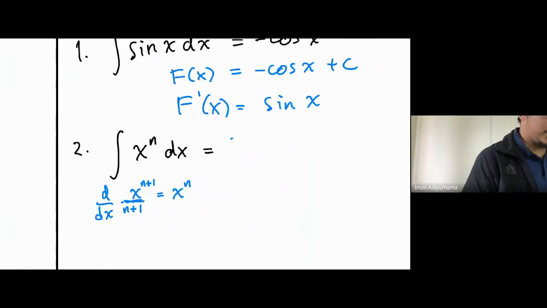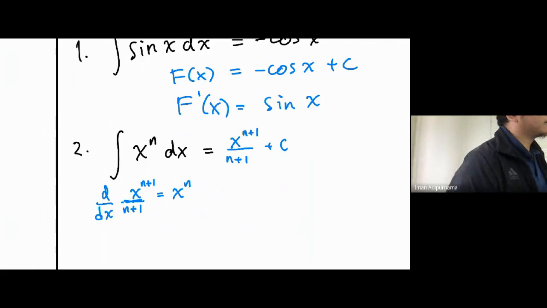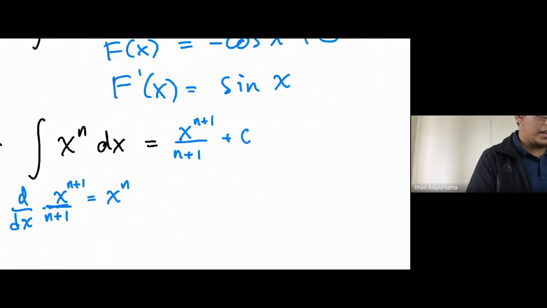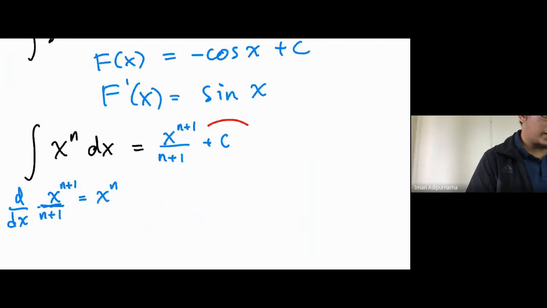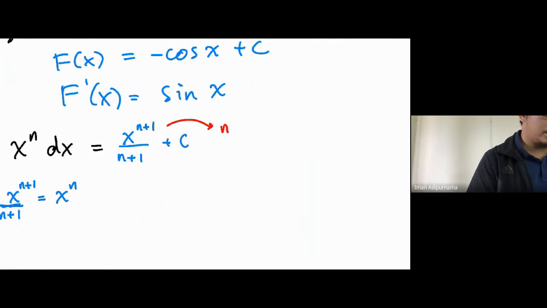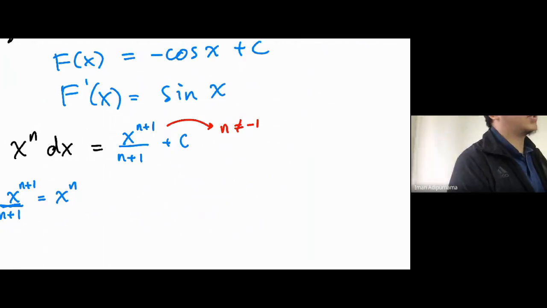So I can write here the integration. I'm starting with something easy to follow, intuitively easy to follow from our definition of the derivative. We can think backwards. But this is not okay if n is equal to negative 1, right?